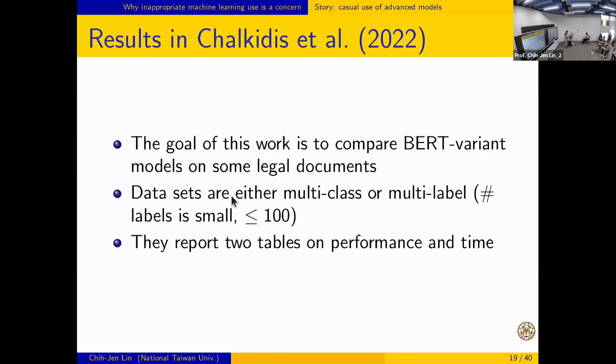And some properties of their data sets: their data sets are either multi-class or multi-label. However, the number of labels is not large, less than 100. That's the property of those data sets. And in their paper, they report two tables, on performance and time.